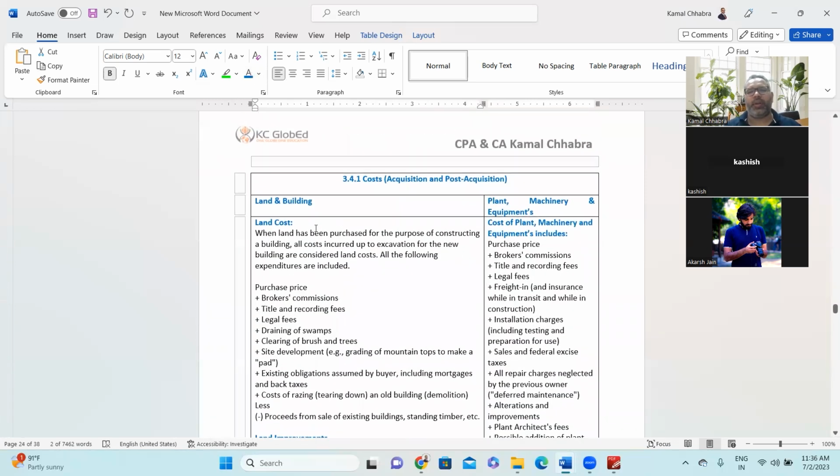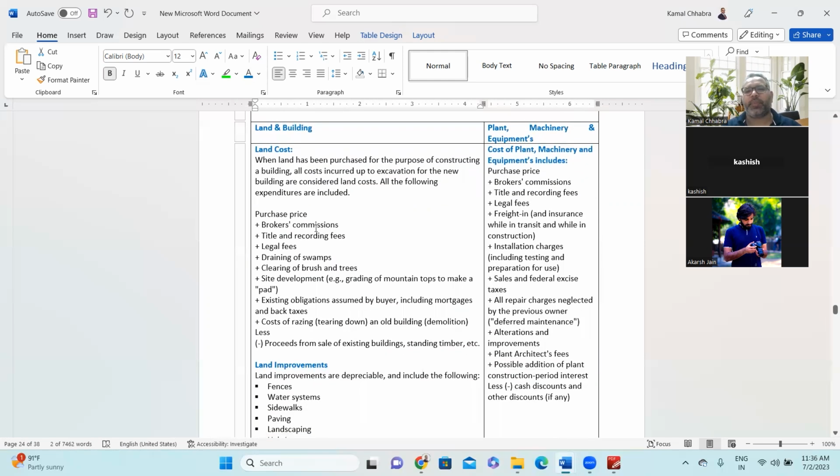Now coming to plant, machinery, equipment, furniture, fixtures. How do you value them for the balance sheet purpose? First is your purchase price, the amount which you both agreed and for which you have received the invoice. Second is broker commission if you have paid any. Third is title, any amount paid to the authority for getting the title, or recording fees, or legal fees paid to the lawyer.